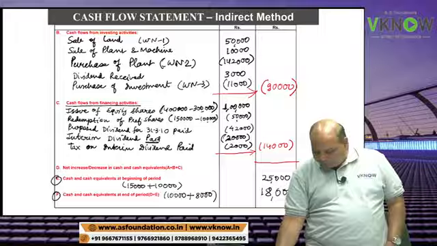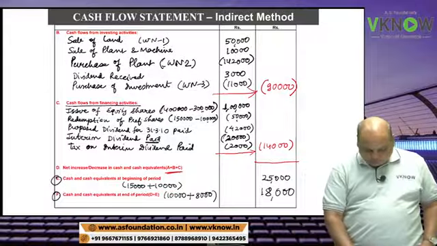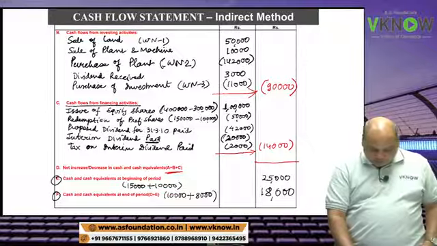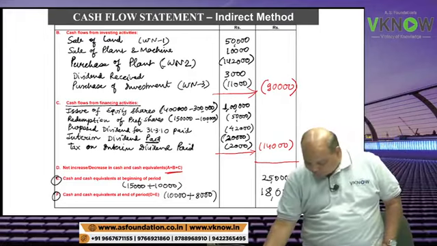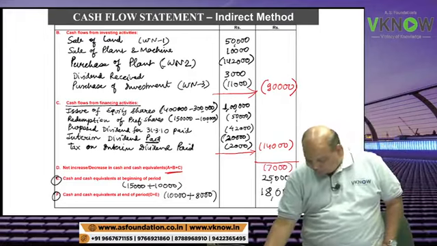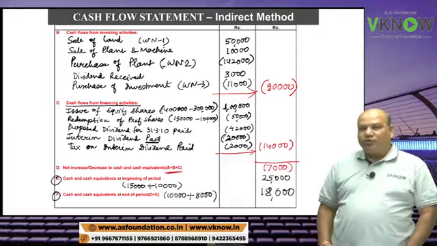Okay. So tell me the total now. Total of A plus B plus C. So 97,000 minus 90,000 minus 14,000. So we are getting a net decrease of 7,000 rupees.